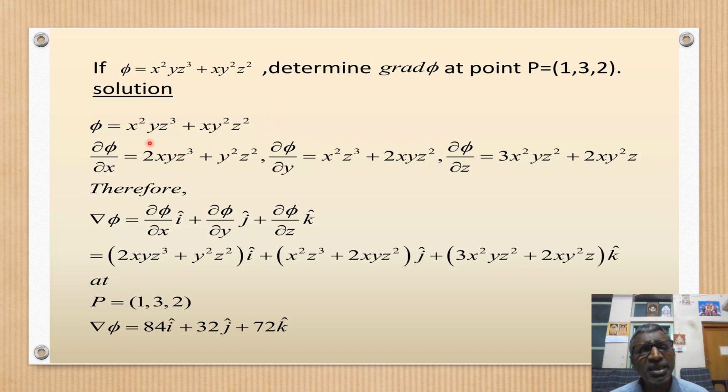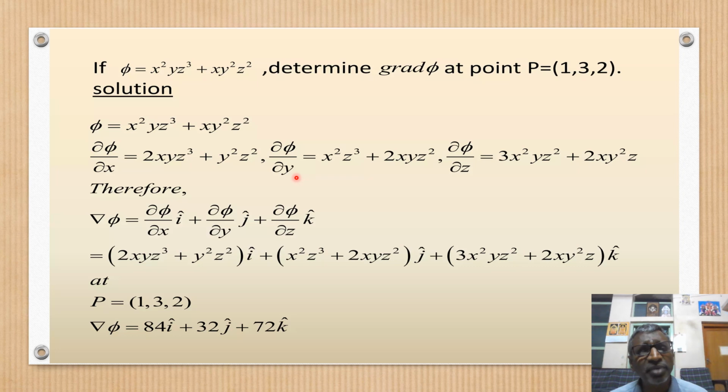Since there are three variables, we are going to calculate the partial derivatives. Partially differentiating phi with respect to x, we get 2x y z cube, because we differentiate only x and the others remain constant, so y z cube remains as it is, plus the differentiation of x is 1, therefore y square z square. Now dou phi by dou y.